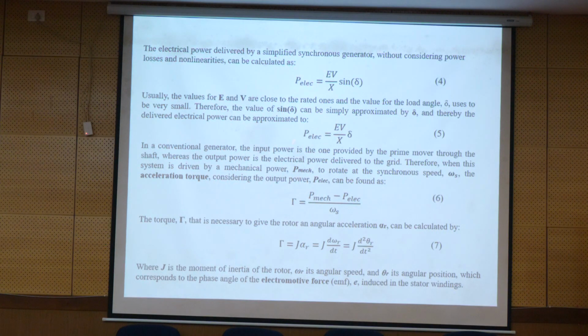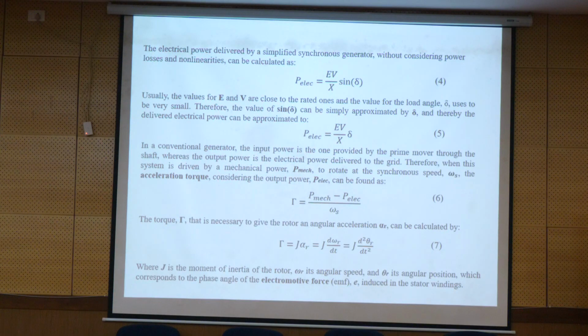So J times the angular acceleration provides this torque. This is the definition of the structure of the synchronous generator. So we have alpha, which is the acceleration.